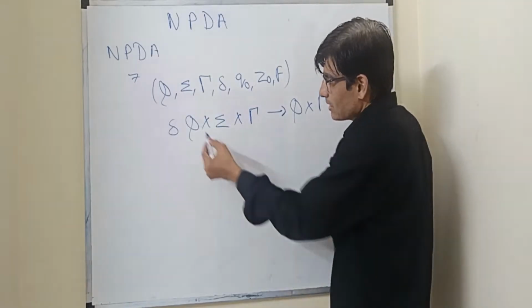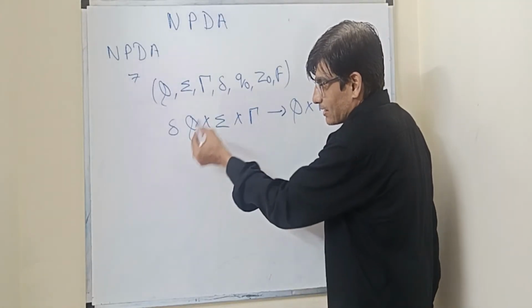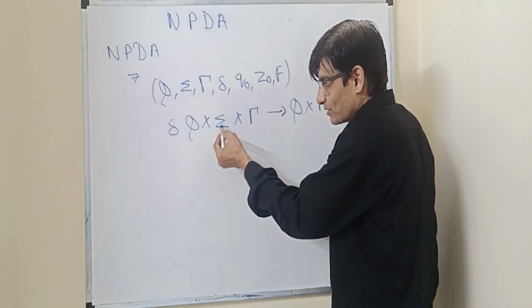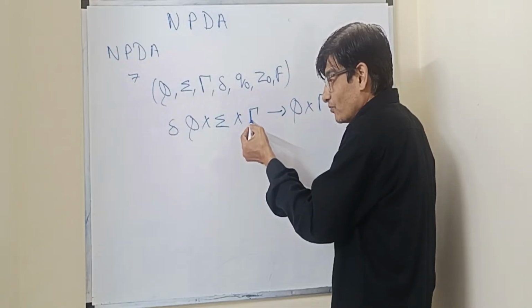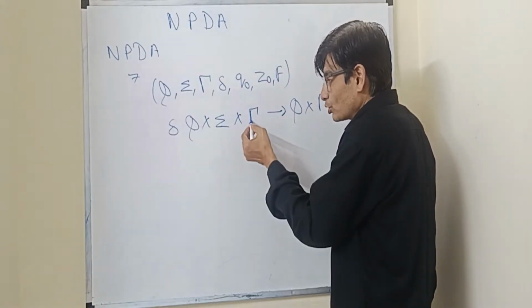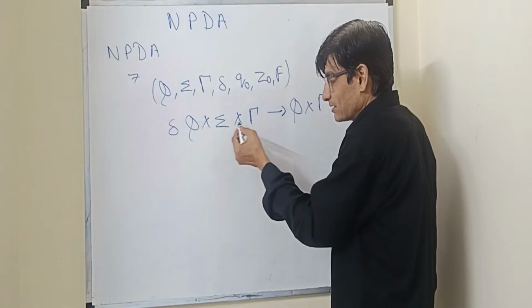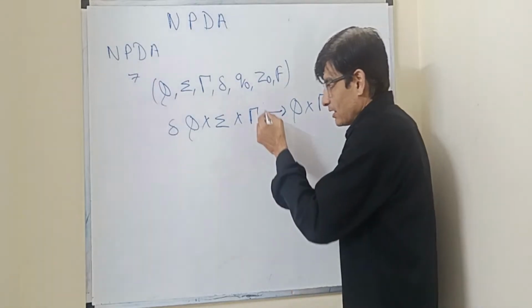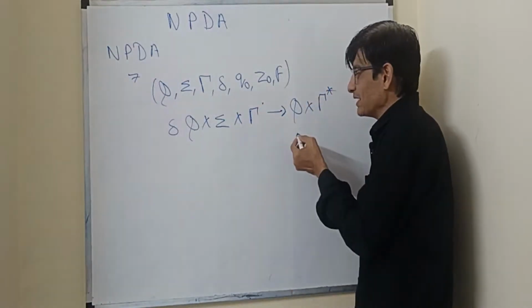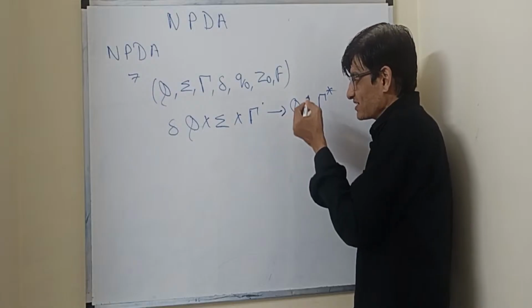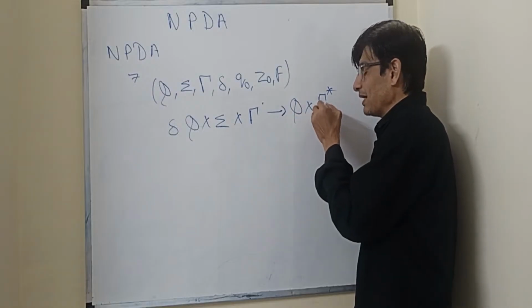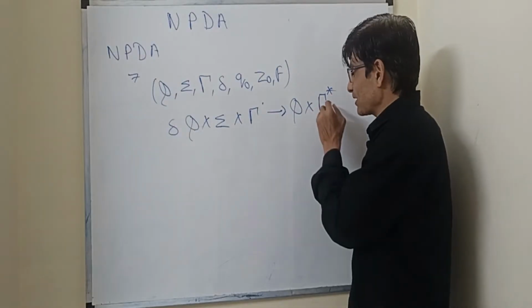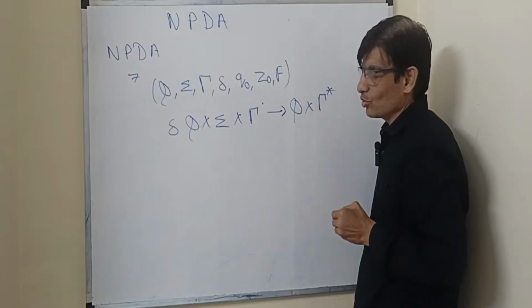That means here we are considering the current state of the PDA, then we are reading one symbol that is coming from the input symbols, and then we are also taking the top of the stack into consideration. So this is coming from gamma, and for this combination we are giving one next state and the current elements of the stack, which we represent with the Kleene closure of gamma.